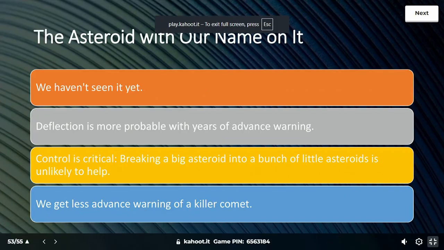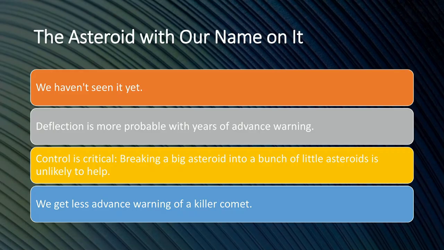So, have we identified any asteroid that's going to kill us? No, we haven't seen it yet. If we do detect such an asteroid, then we have a better chance of deflecting it if we have a lot of time to influence its orbit. And just blowing it up is not really a good idea.